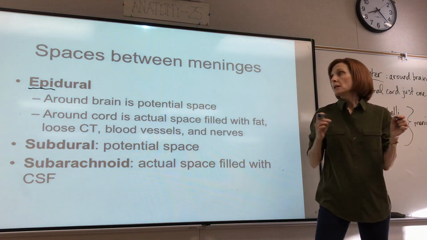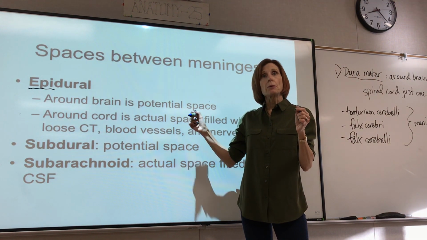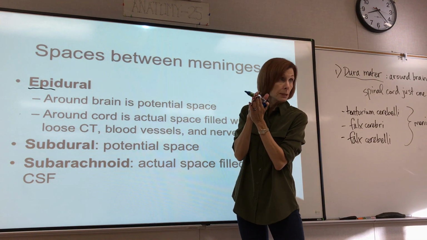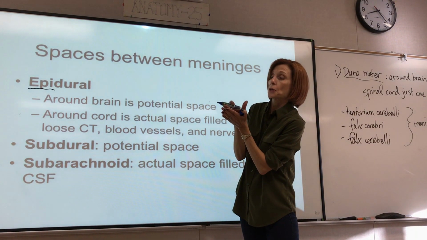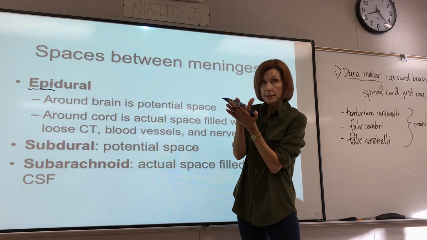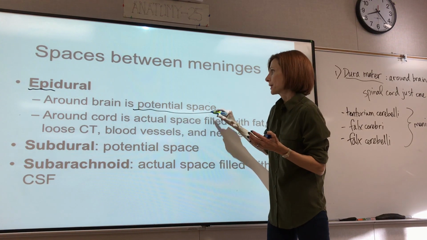Meaning that normally, the periosteal layer of the dura mater is right up against the bone, but it's not fused to it. So if something gets in there like blood, then the dura mater will separate and blood can collect in that space. So it is a potential space, okay, around the brain.